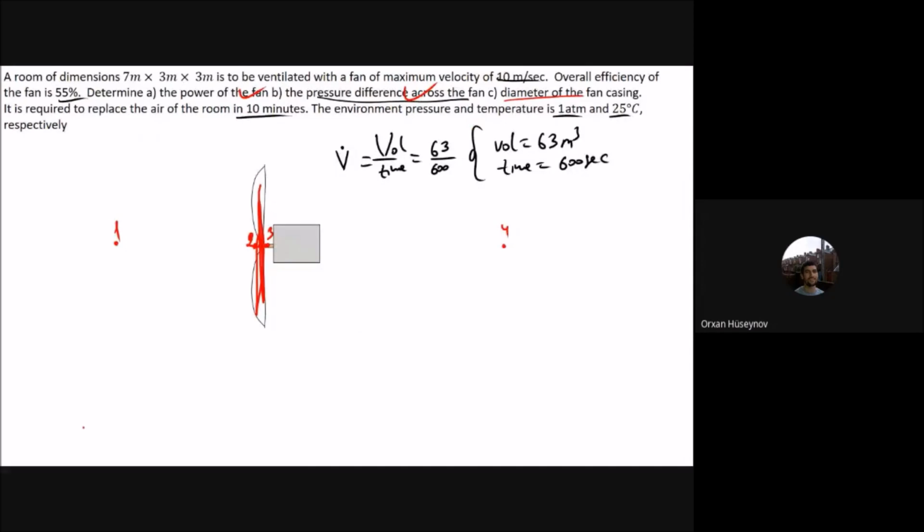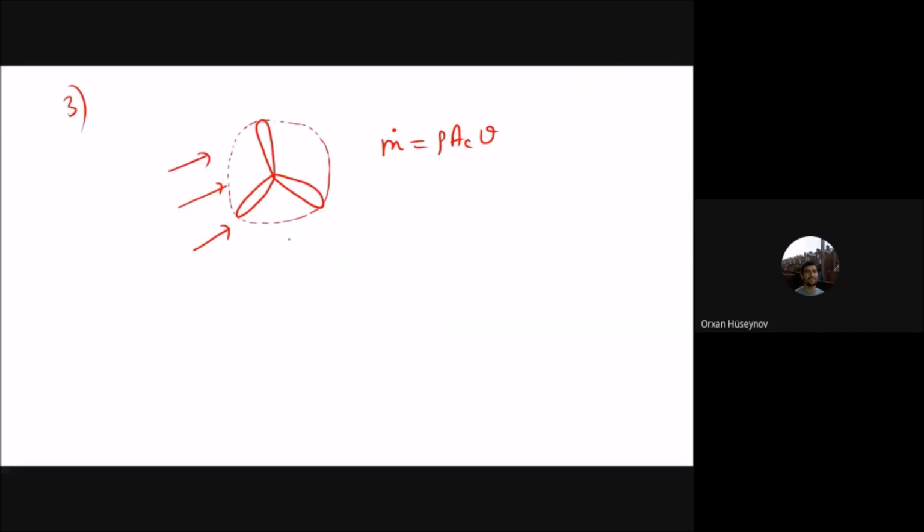We'll go back to here. You will have some cross-sectional area here. That cross-sectional area will provide for the mass flow rate here. M dot will go through that cross-sectional area for the fan. And the rho value, we know it. It is 1.2. And the A c value is pi diameter squared by 4. And the diameter is this one. If this is the center, we'll have the diameter value.